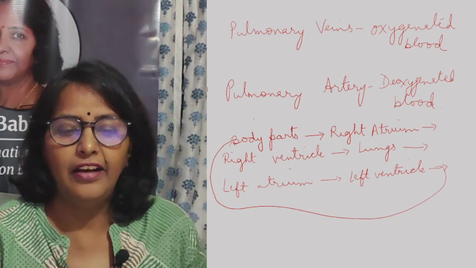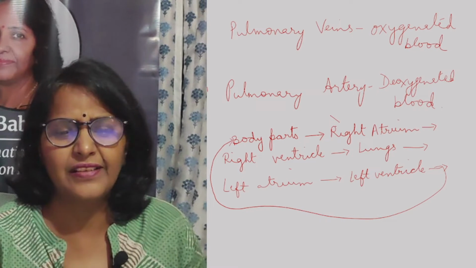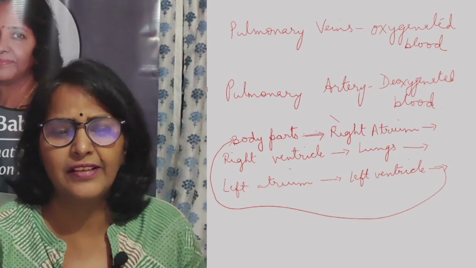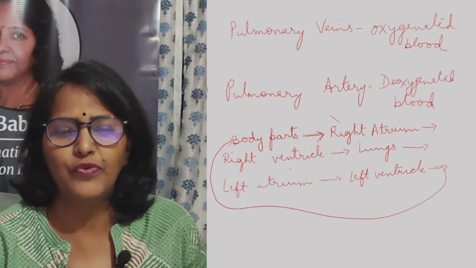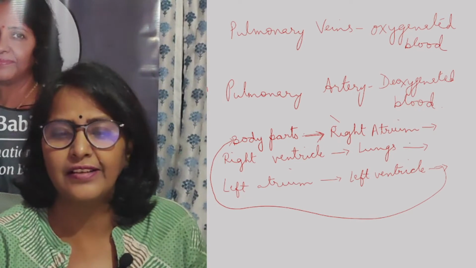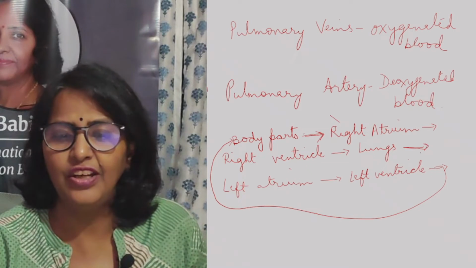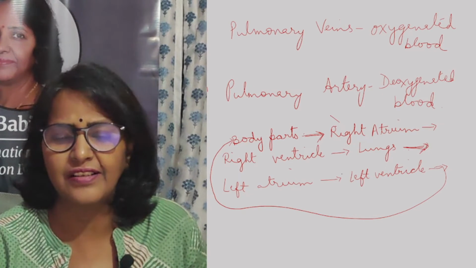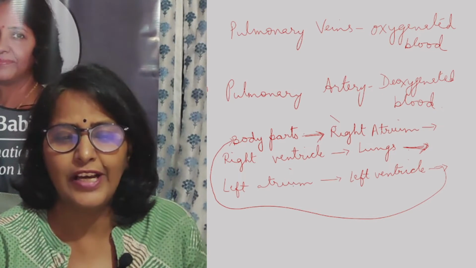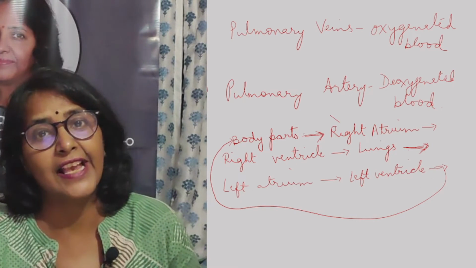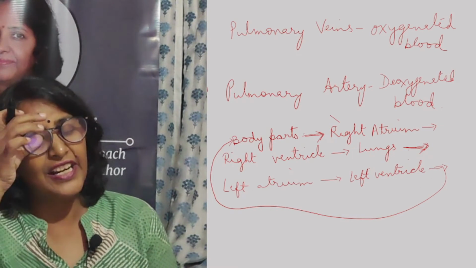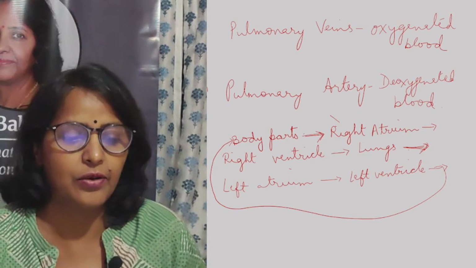First it comes from the body parts, and then it moves out of the heart and goes to the lungs, then comes back again into the heart from the lungs. So blood is coming twice into the heart and then one cycle is completed. So that is why it is known as double circulation.